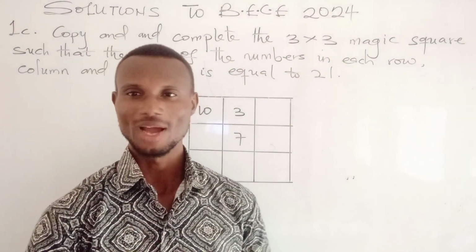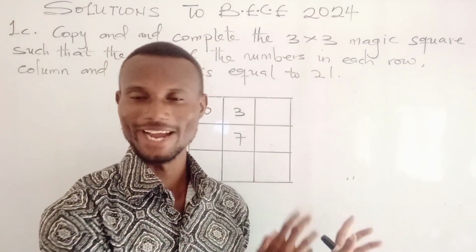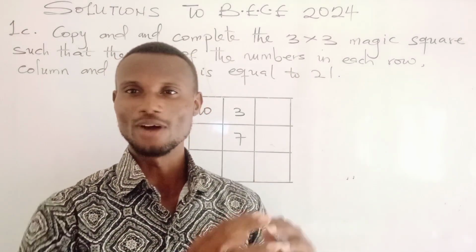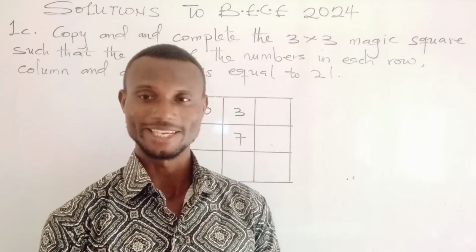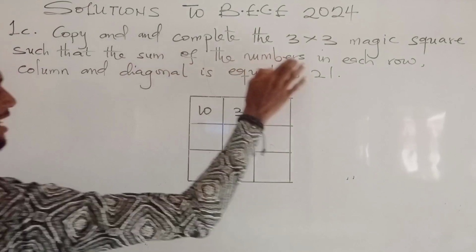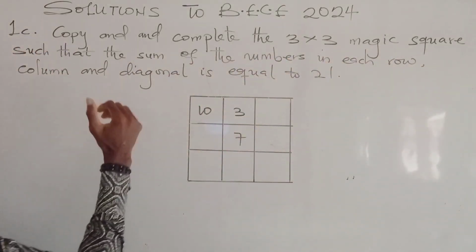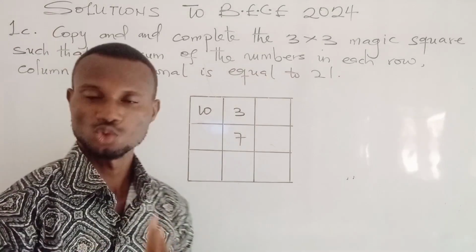So we are being asked to copy and complete the table, and there's a condition given for us to do so: the sum of the numbers in each row, column and diagonal is equal to 21.